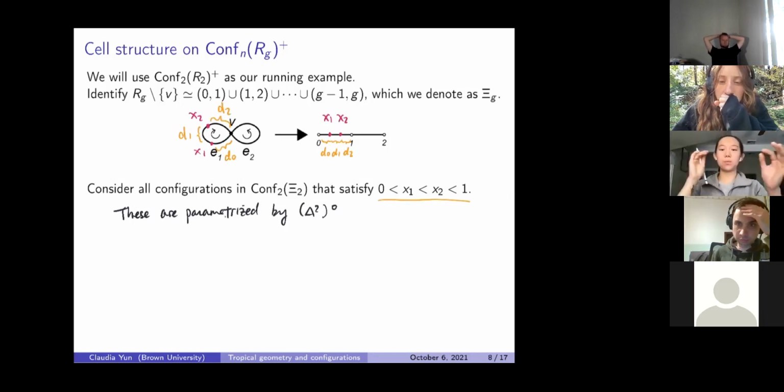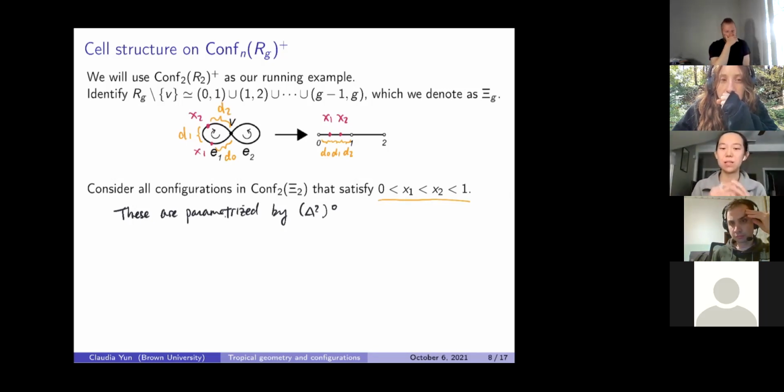Once we fix how the points are related to each other and which arcs they're on, that defines a cell, basically. That's how our cells are going to come about. So now I've just told you the interior of the cell. Let's look at what happens on the boundary.